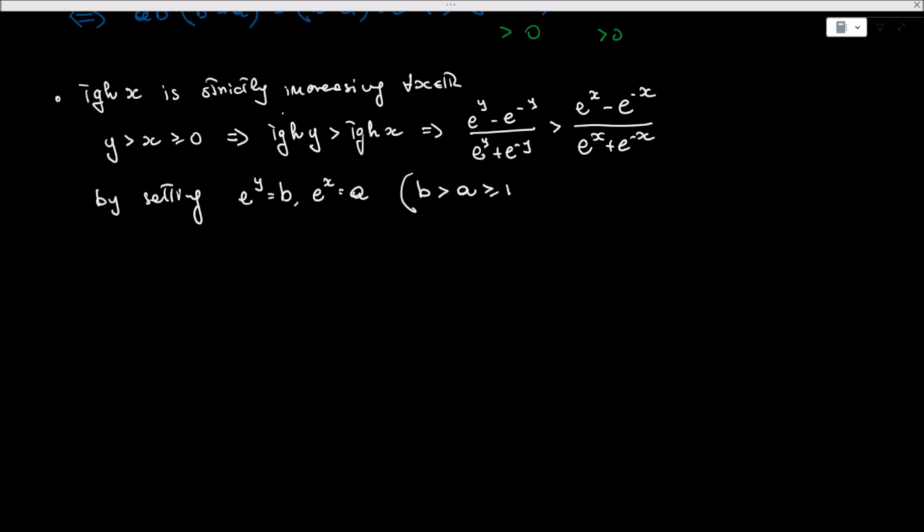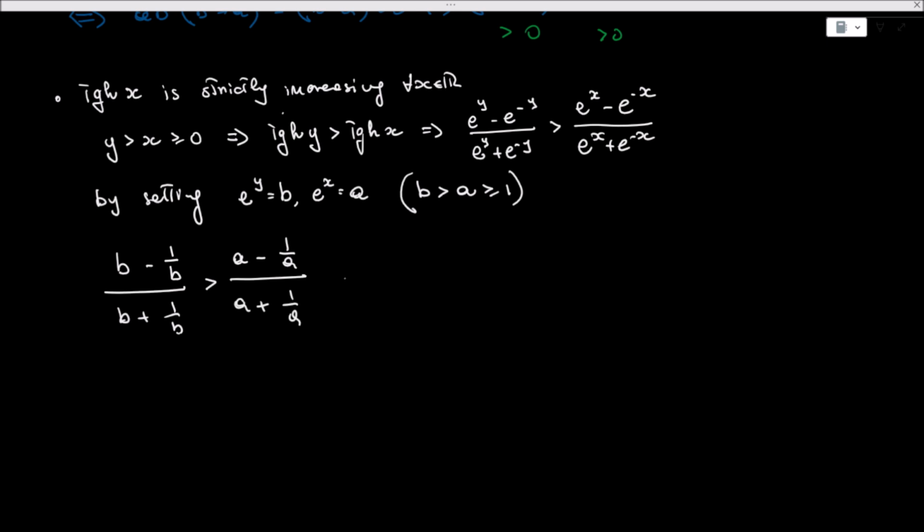Okay, we can say that. Now let's replace e^y and e^x with b and a. What we get is (b - 1/b)/(b + 1/b) larger than (a - 1/a)/(a + 1/a).